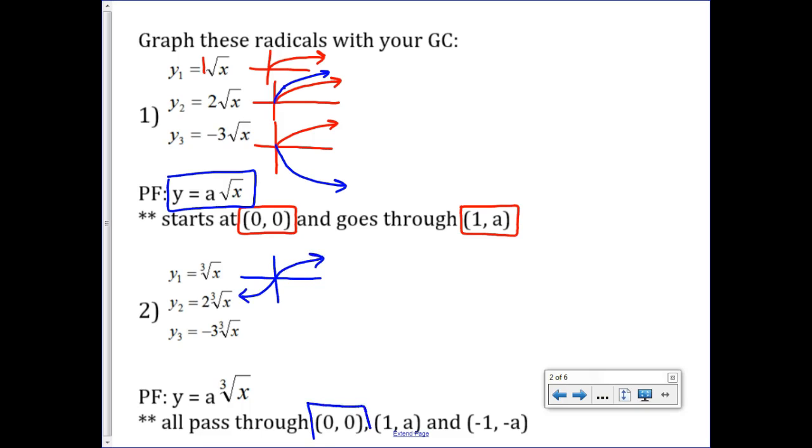0, 0, 1, a, and negative 1, negative a. So you have 3 key points there, but it behaves very much the same in that it's stretching out vertically when we're adding those a values in there.